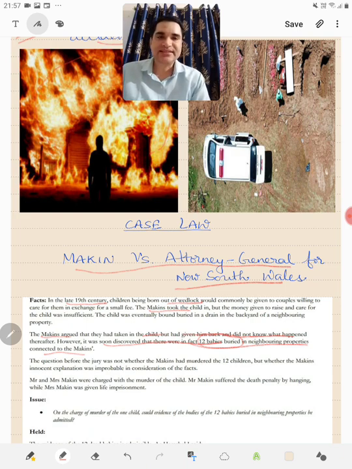Now, this particular fact that 12 babies were also found in the similar manner was not fact in issue, but it became relevant because it shows that there are series of similar occurrences in which that particular person was also concerned. So finally, they were held guilty, and the husband was hanged while the wife was given life imprisonment.